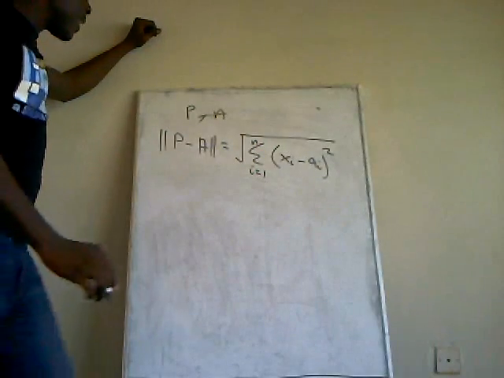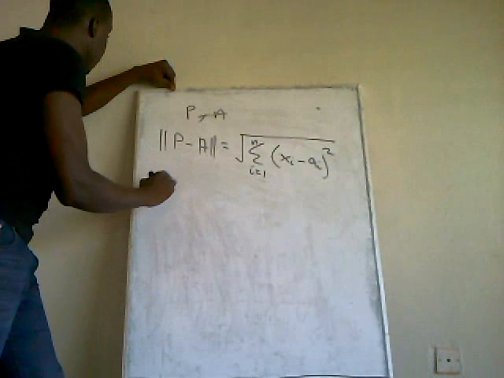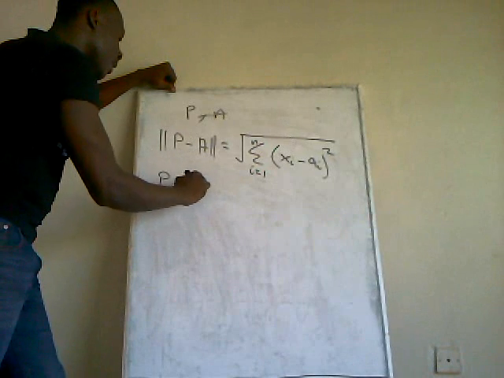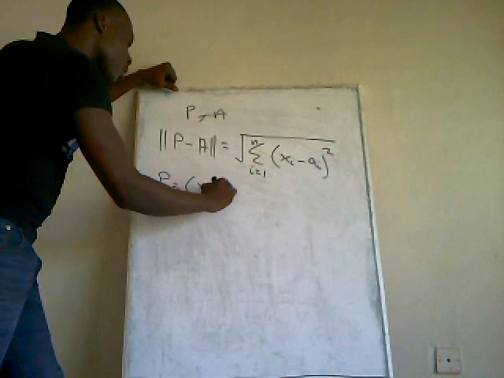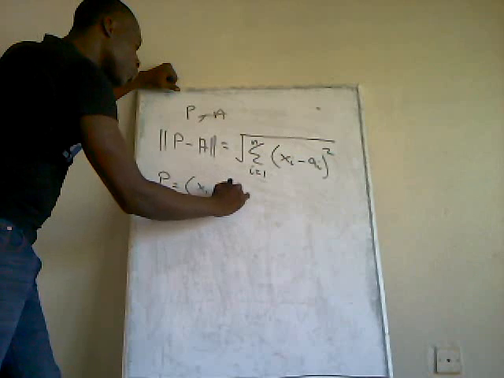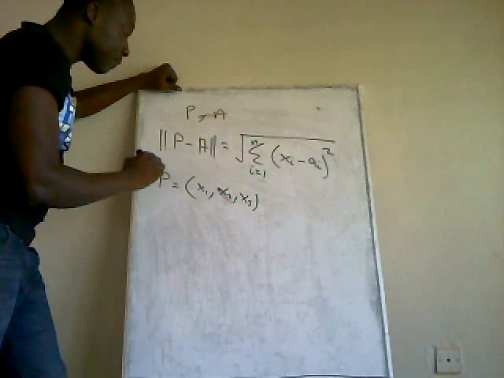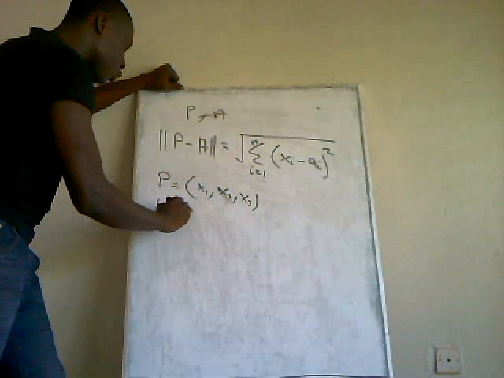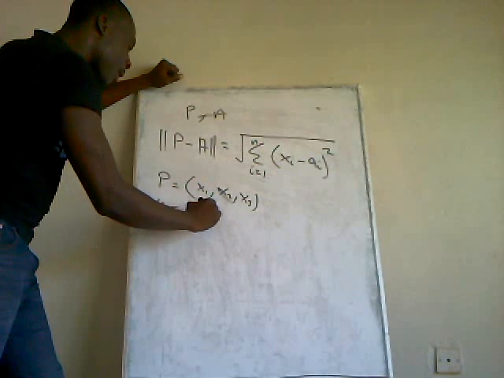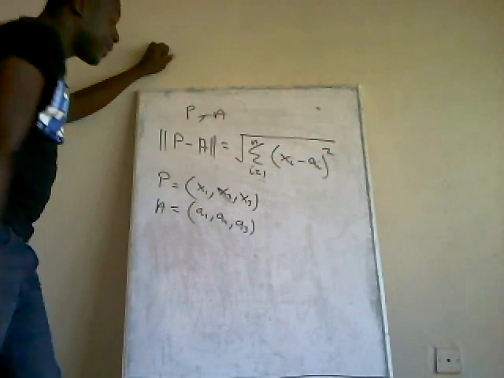An example: let's take the point P to be equal to x1, x2, and x3, and let's take the point A to be equal to a1, a2, and a3.